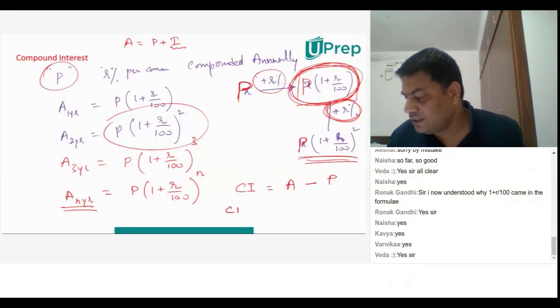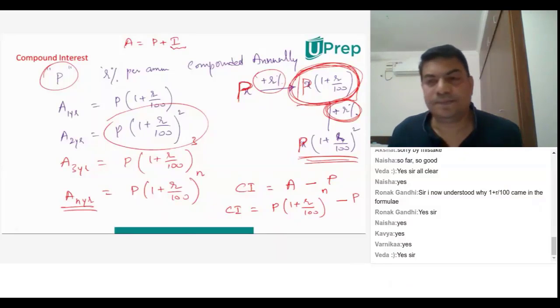Therefore, your compound interest is the amount, which is P into 1 plus R by 100 whole power n, minus the principal.